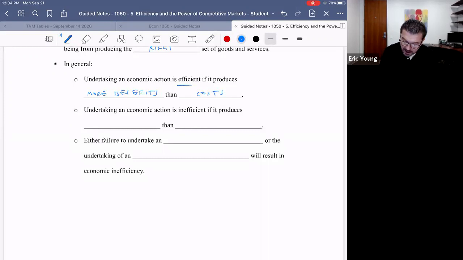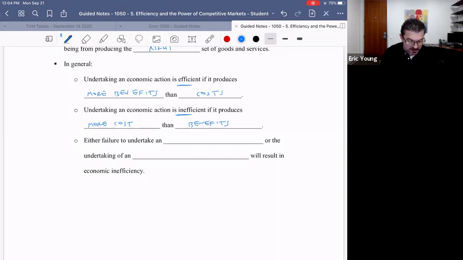On the other hand, undertaking an economic activity is inefficient if it produces more cost than benefit. So if any activity is going to generate more cost than gain, we would call that inefficient.